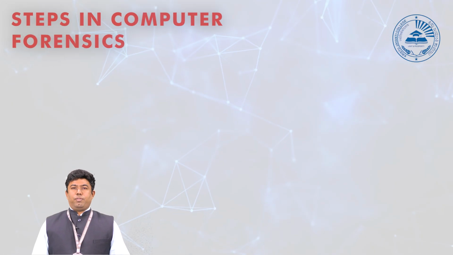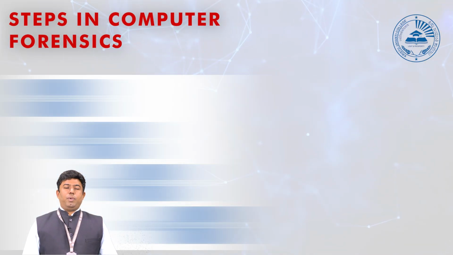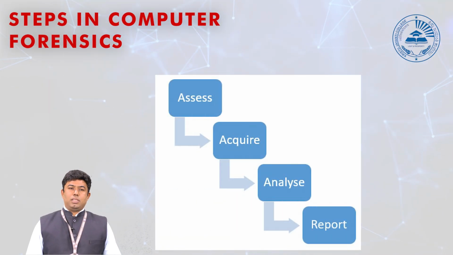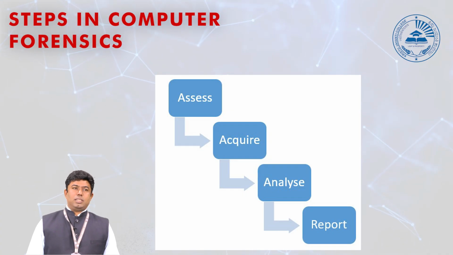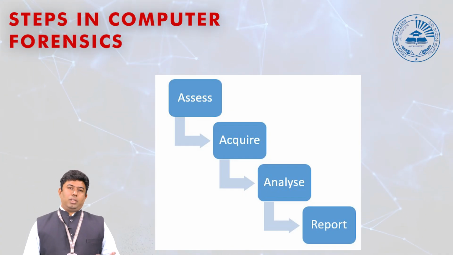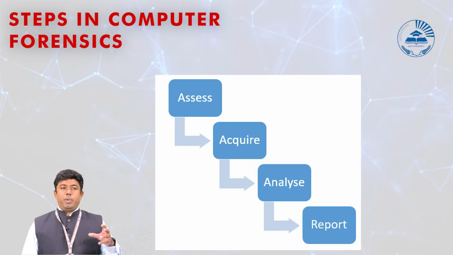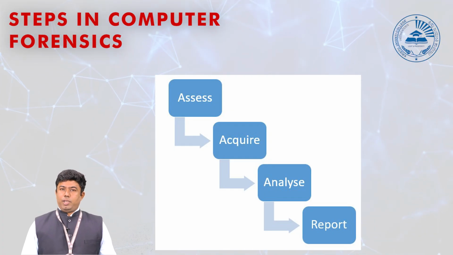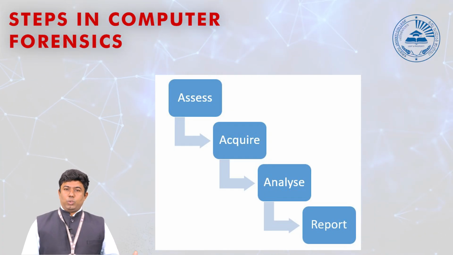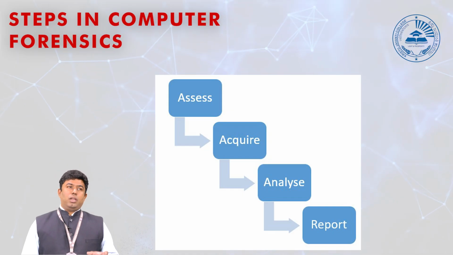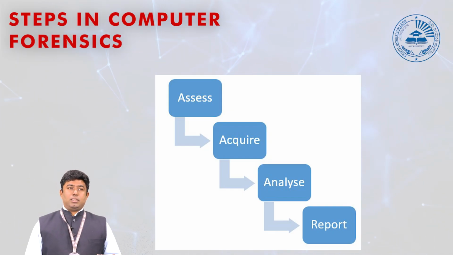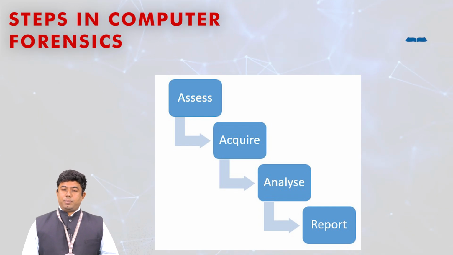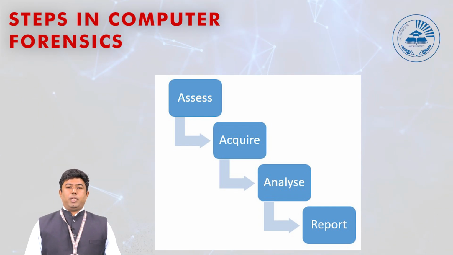When it comes to computer forensics or digital forensics, we have four basic steps. First is to assess the scene, to understand what is the incident or the crime that has taken place, what devices may be involved in this particular incident, may be used as a tool, may be used as a target, or what information may be found in this device, and to assess whether some extra specialized personnel are required to investigate this particular scene.